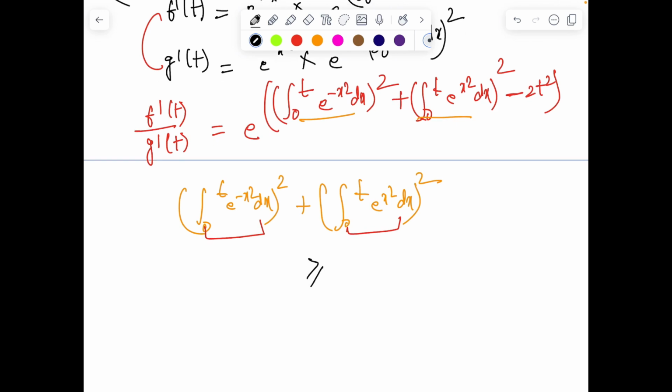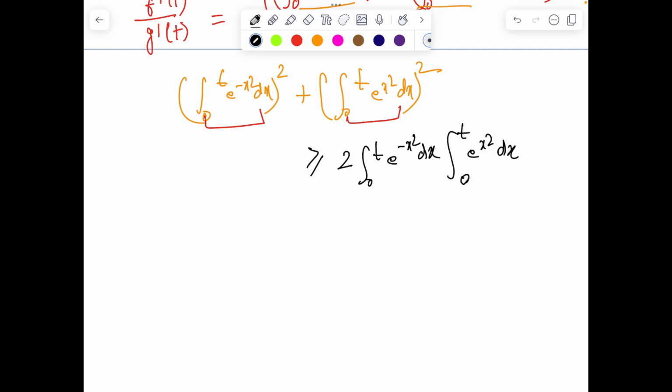So if I apply AM-GM, this will be greater than or equal to the root of 2 times this into this. So the root will get dispelled, and we'll get simply 2 times. So using the AM-GM inequality, a square plus b square will be greater than or equal to 2ab. So it's 2 times the integral from 0 to t of e to the power minus x square dx times the integral from 0 to t of e to the power x square dx.